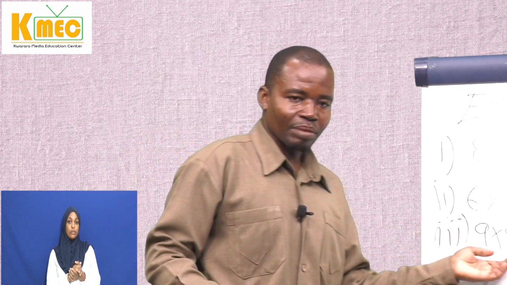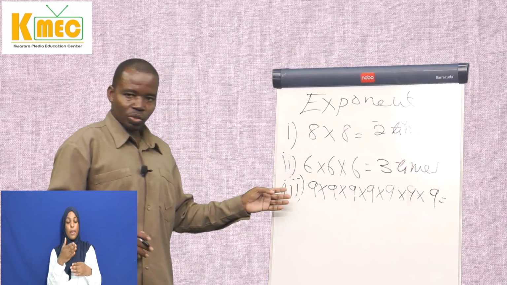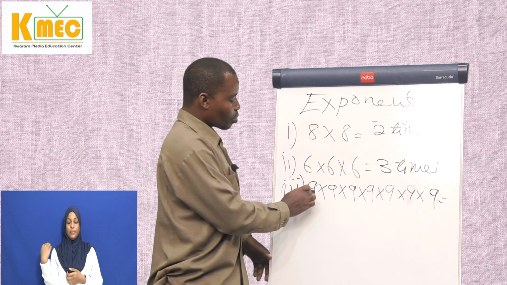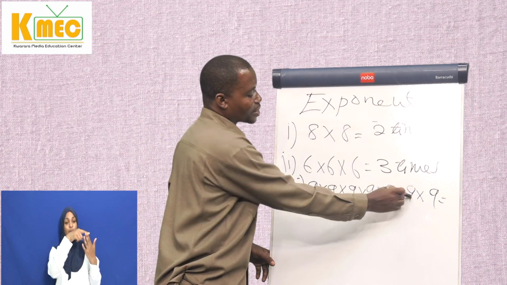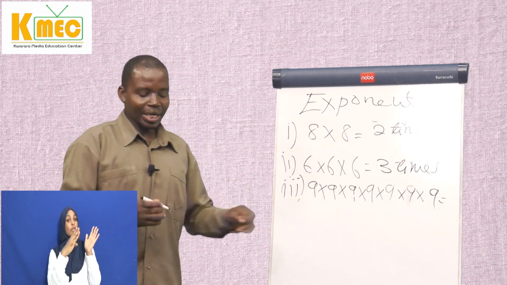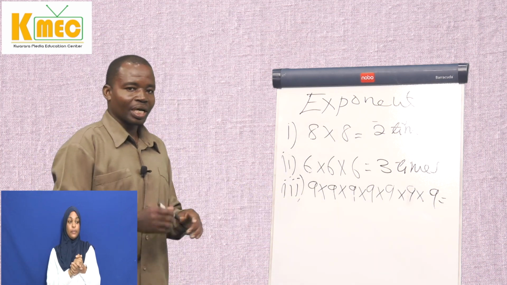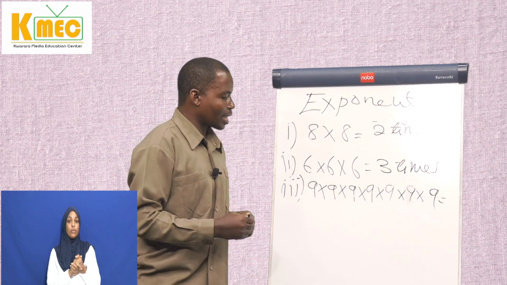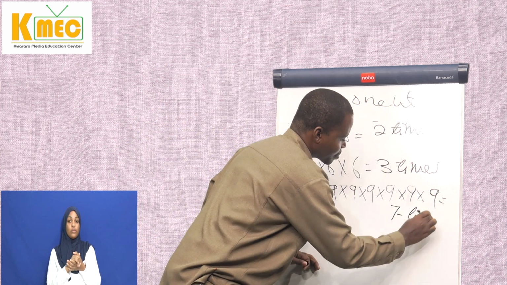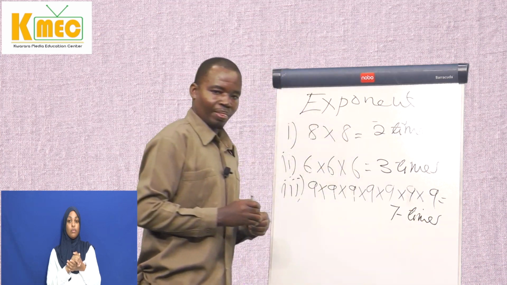And then what about number 9? So we have also to count. Can you tell me, how many times? 1, 2, 3, 4, 5, 6, 7. So we're saying that 9 multiply itself 7 times. Here we write 7 times.